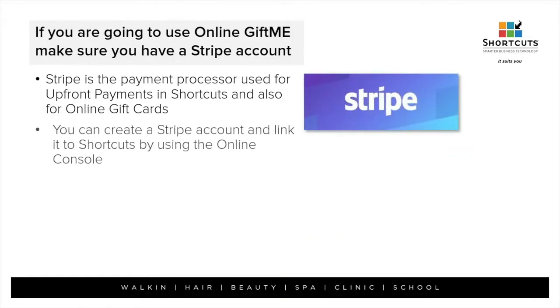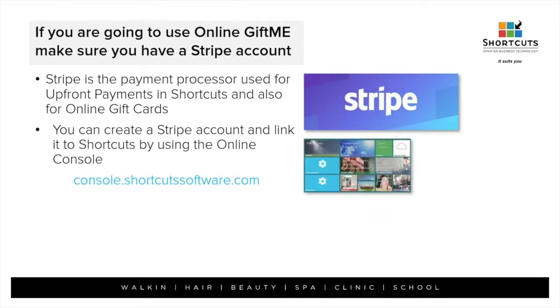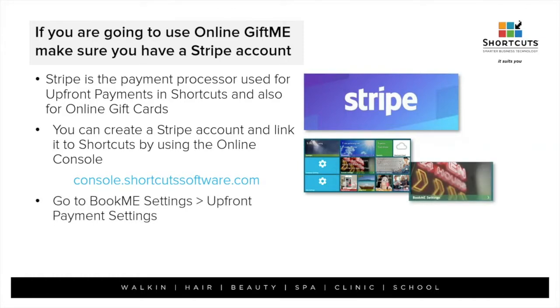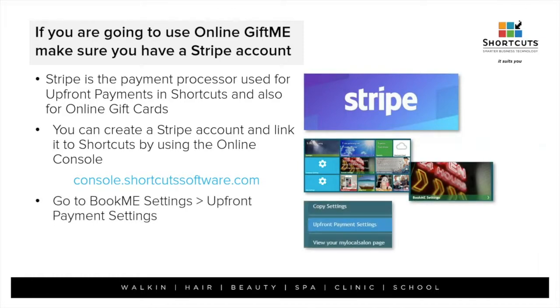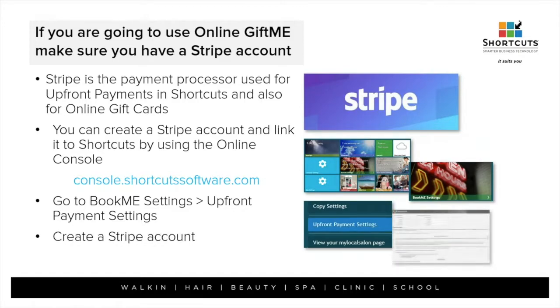Now, for those that are going to use strictly digital, strictly online gift cards, you're not going to send any cards to the printers or any designs, at least not right now. You need to make sure that you have a Stripe account. So Stripe is going to be what handles the processing, what of course makes the deposits.